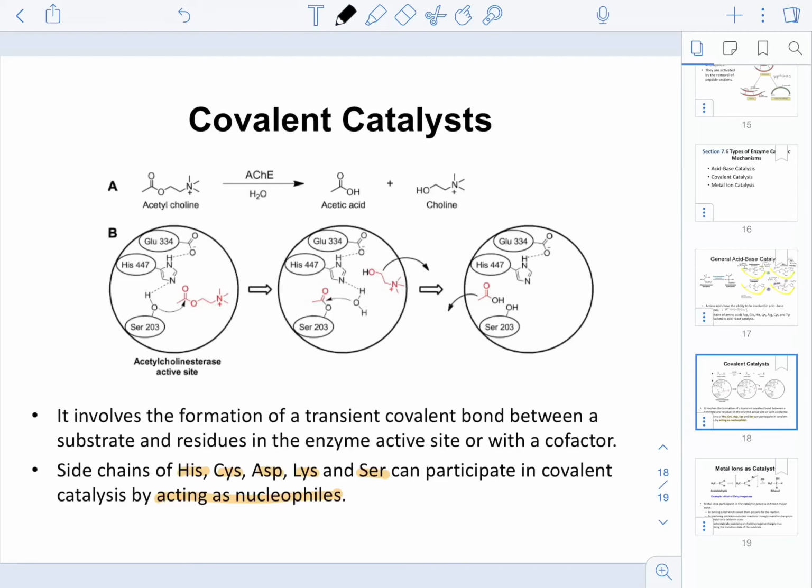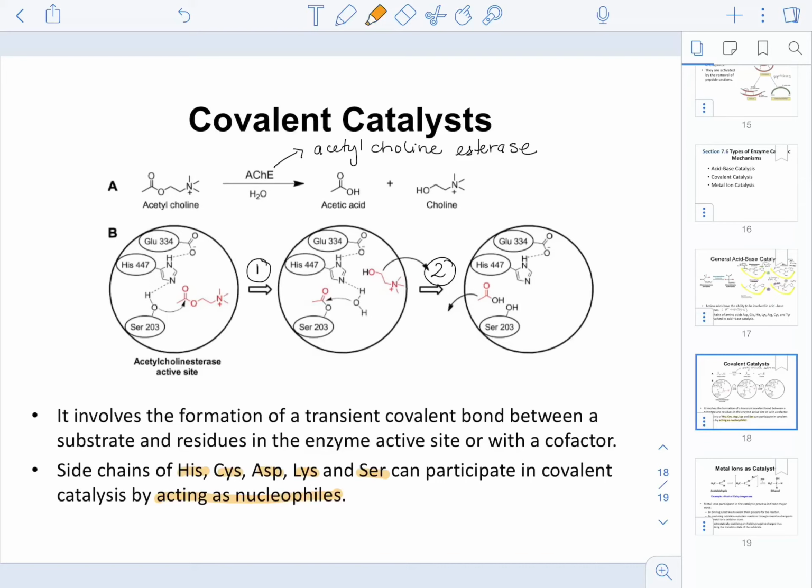In the example explained on A, this is the reaction that is catalyzed by acetylcholine esterase. As you can see in part A, acetylcholine esterase takes acetylcholine and creates acetic acid and choline. The mechanism of the reaction, on part B of the figure, has 2 steps, and we are going to outline what is happening in those 2 steps.